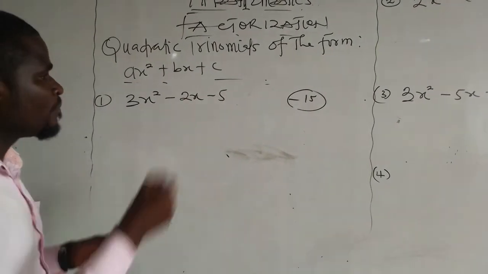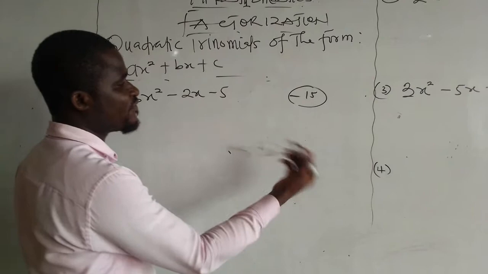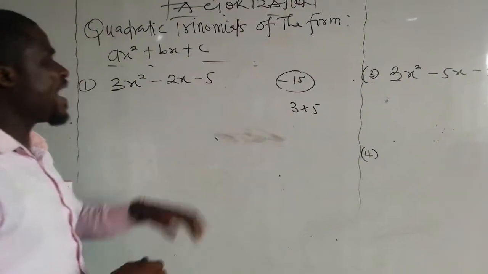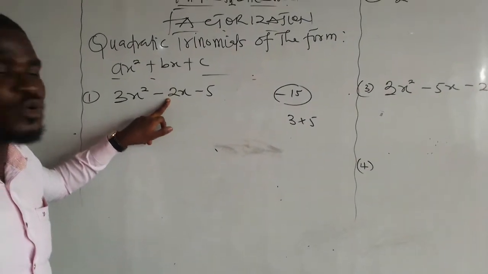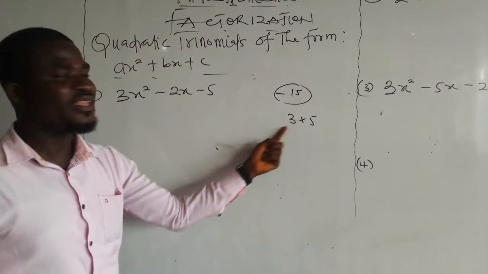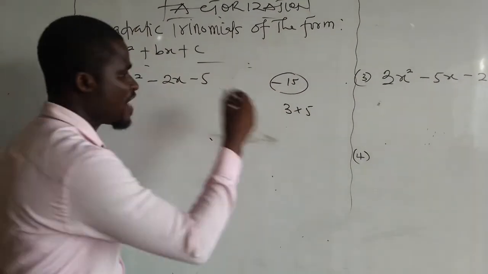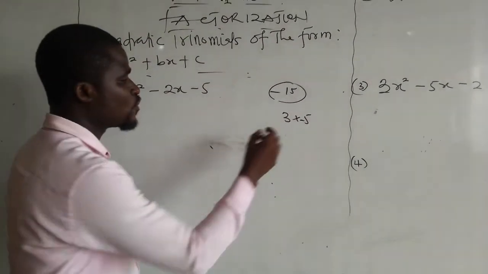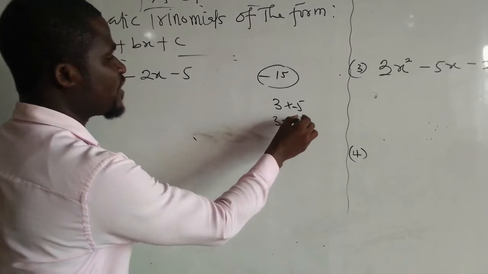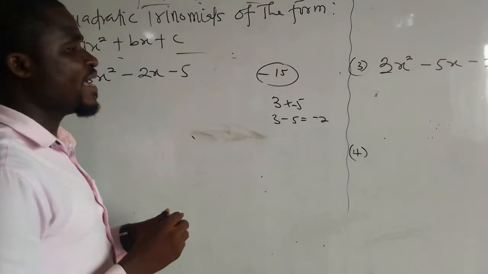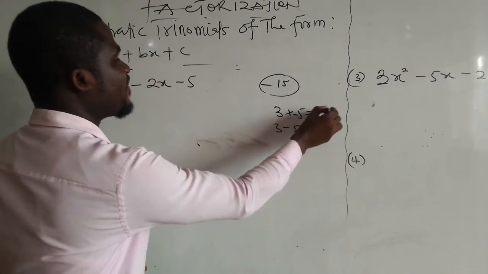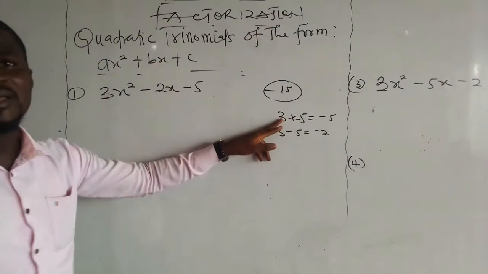Good. So, two numbers that will give us 15 will be 3 times 5. But when we add them, it should give negative 2. So, I have to negate one of these numbers. So, I have to negate the 5. So, 3 minus 5 will give us negative 2. And 3 times negative 5 will give us negative 15. So, these are the two numbers.